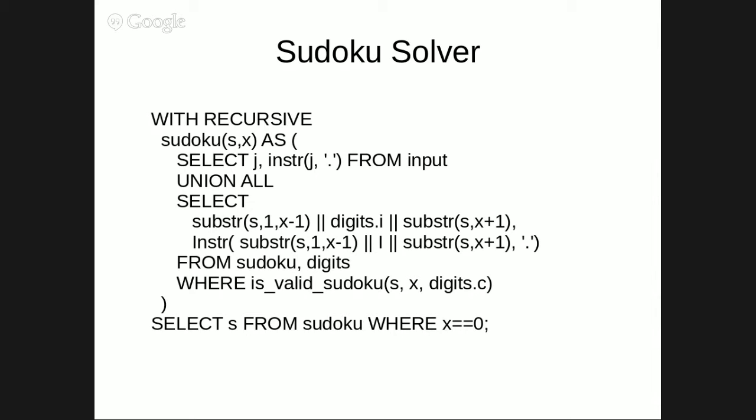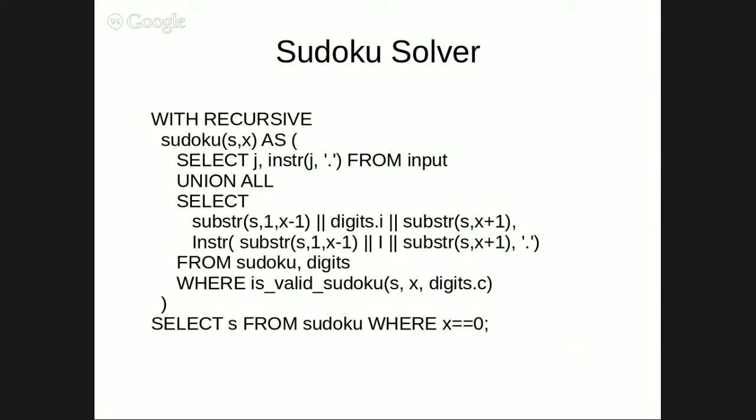We're going to insert into position x a digit, so we're getting all the characters before x, then replacing x, and then here's all the characters that occur after x. So in that blank slot, we're inserting a digit, and we're joining the input with all possible digits. So we're putting all possible digits in there.